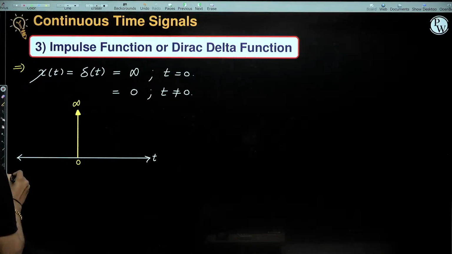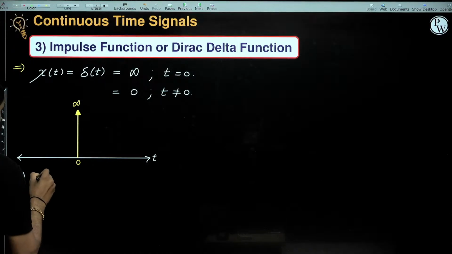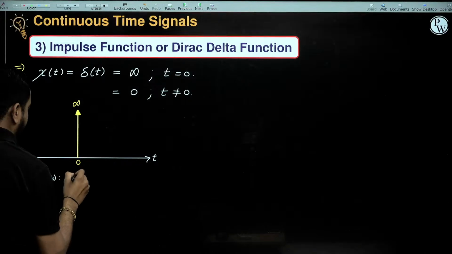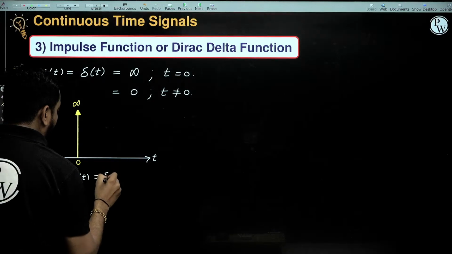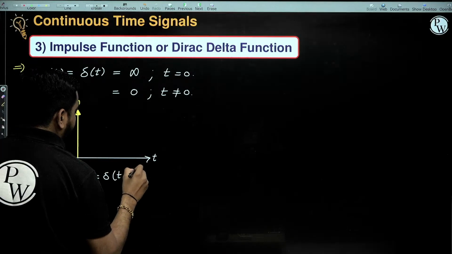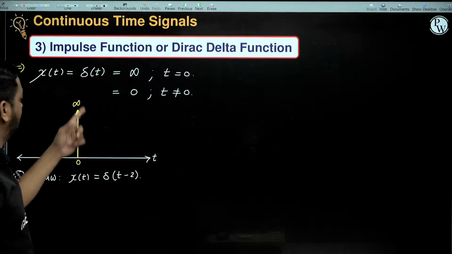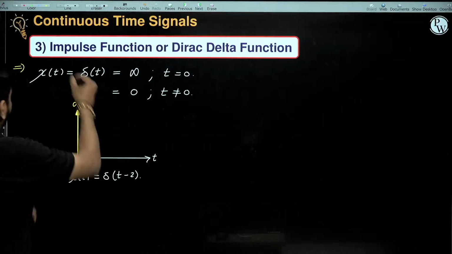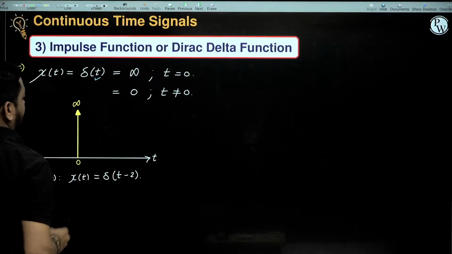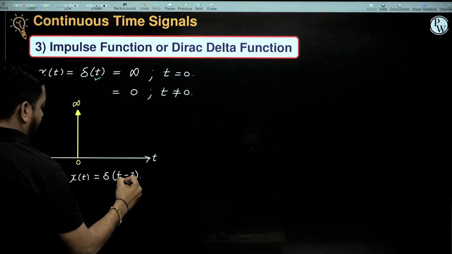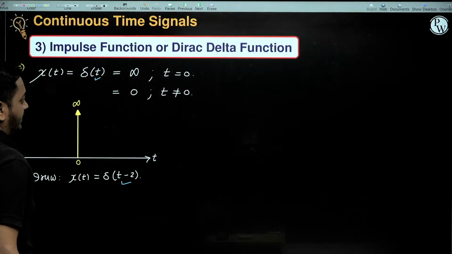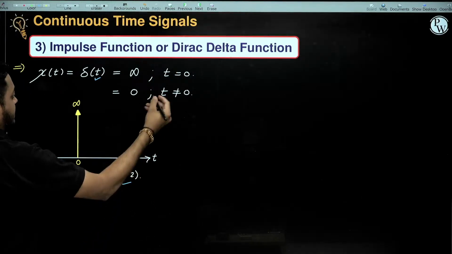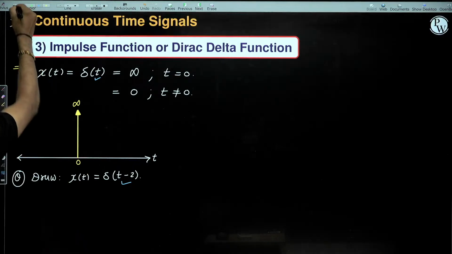Suppose I ask you to draw x of t is equal to delta t minus 2. Here t becomes t minus 2 on the left hand side, so everywhere on the right hand side also t becomes t minus 2. So this impulse is present at t equal to 2, and it is right shifted.